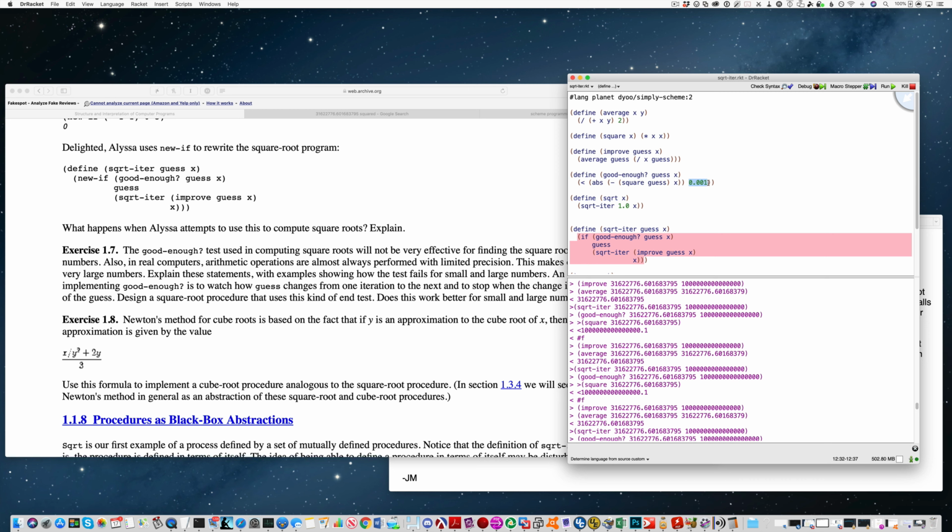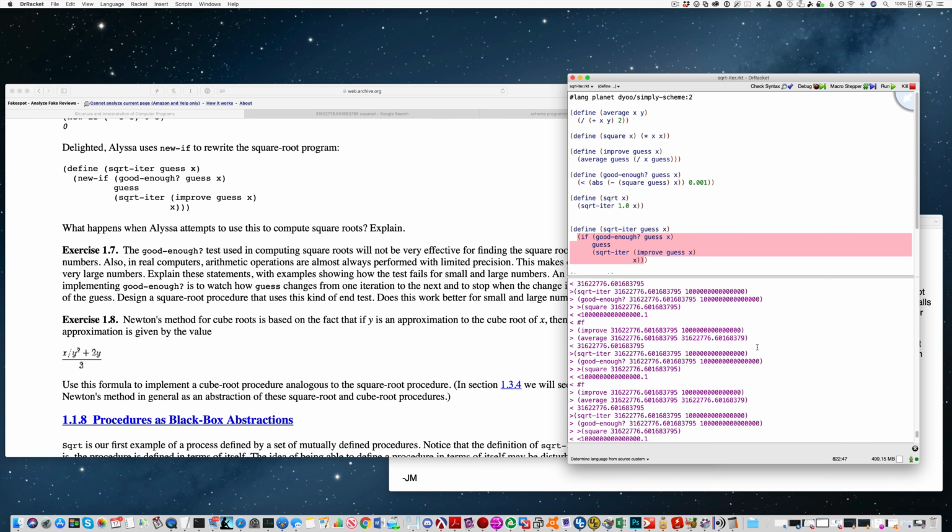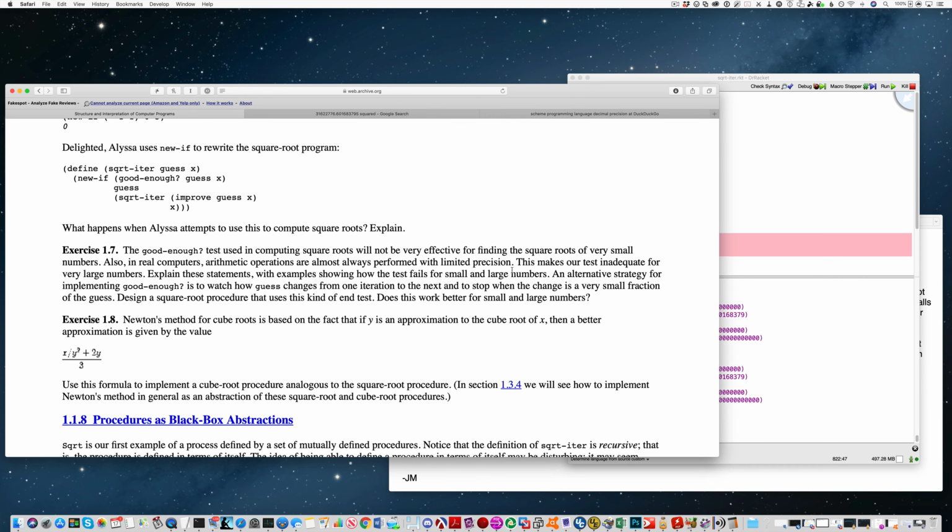And since our threshold is not 1/10 but 1/1000th, it never comes within the threshold. It never closes the deal. So, right, this makes our test inadequate for very large numbers.